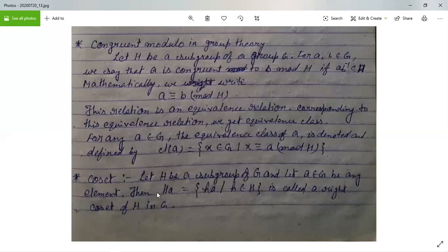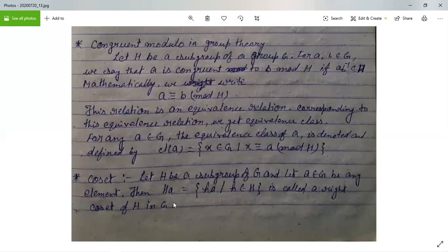Then capital H small a equals small h small a such that small h belongs to H is called the right coset of H in G.